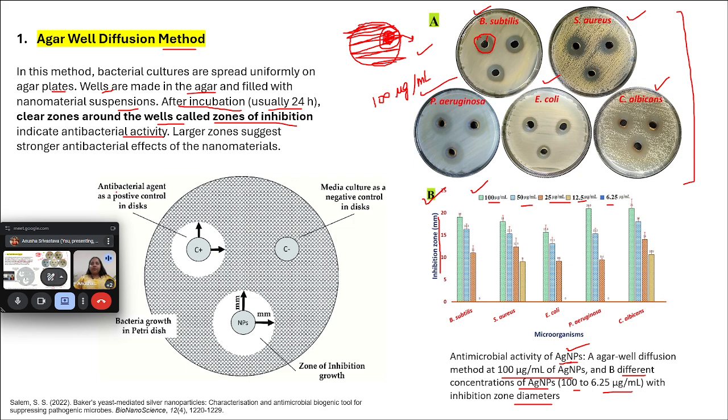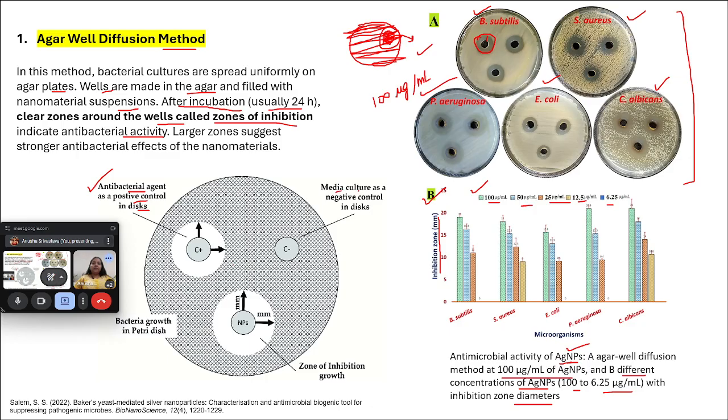For the positive control, you'll be taking the known antibacterial agent that has been known for inhibiting the growth of that particular bacteria, as a positive control disc. Since it is a positive control, obviously it would inhibit the growth of the bacteria, so you would see a very large inhibition zone here.